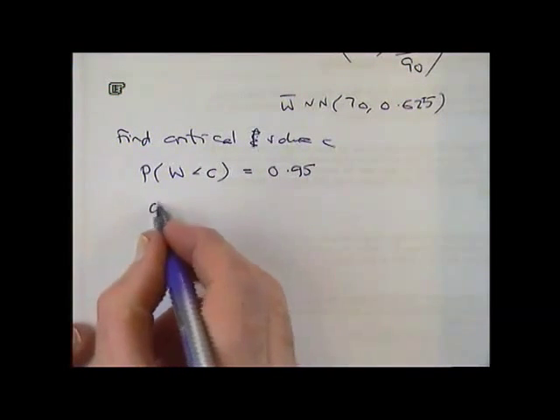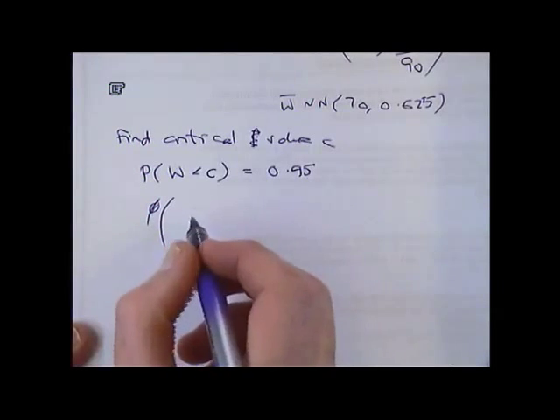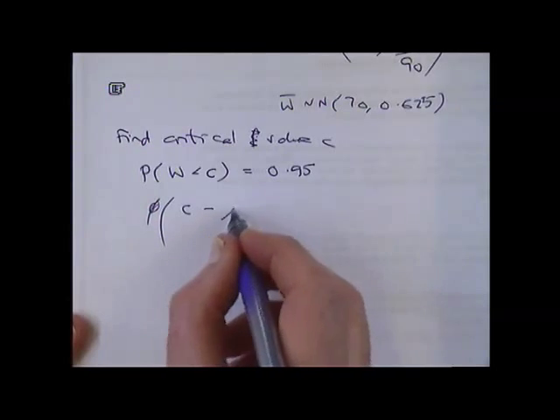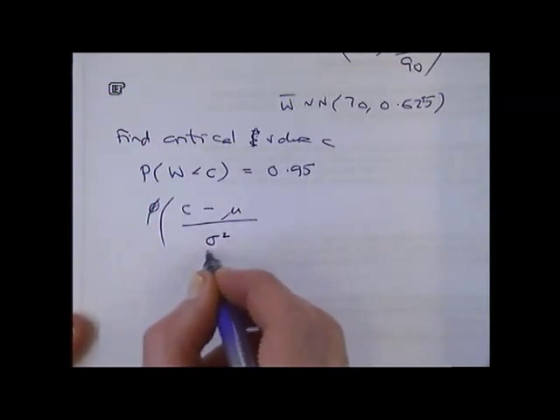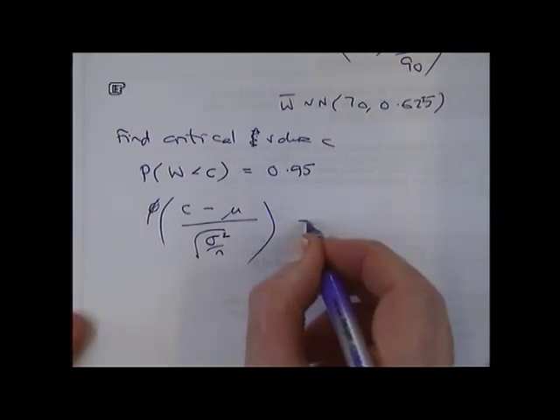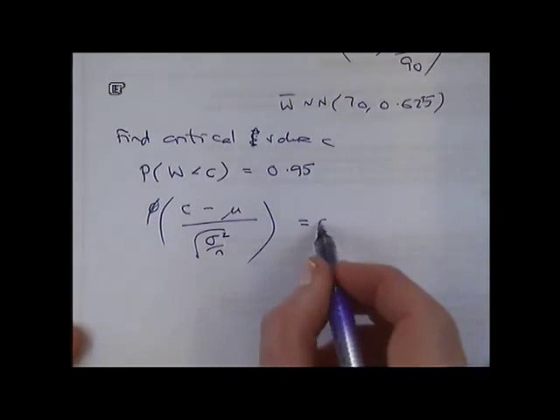So turning that into phi notation, it's C minus the mean over the standard deviation that we are dealing with here. We are going to put that equal to our 0.95.